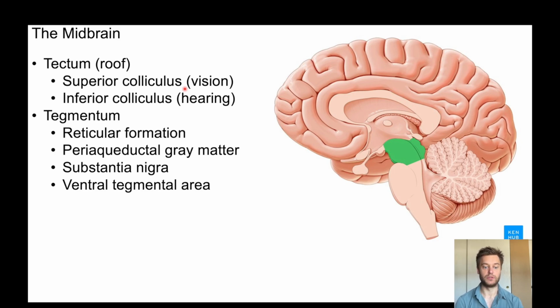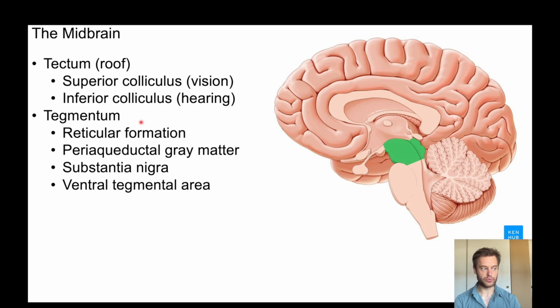That if you lose your vision, it's going to be a lot harder to get through than if you lose your hearing. I don't know if that's true or not, but for me at the time, I just thought that vision is superior, either way. So the superior colliculus is for vision, the inferior colliculus is for hearing.